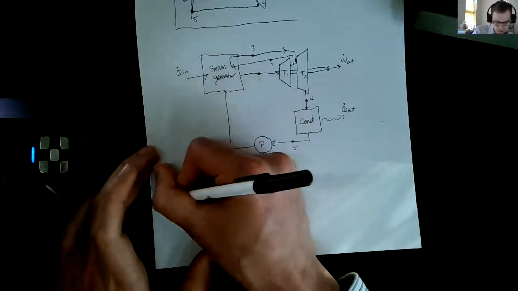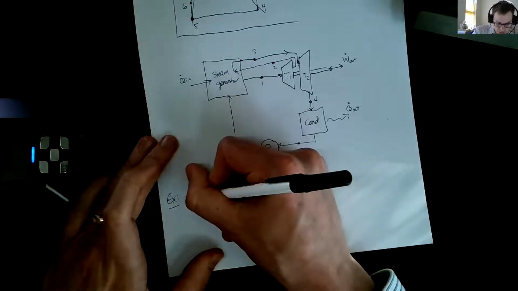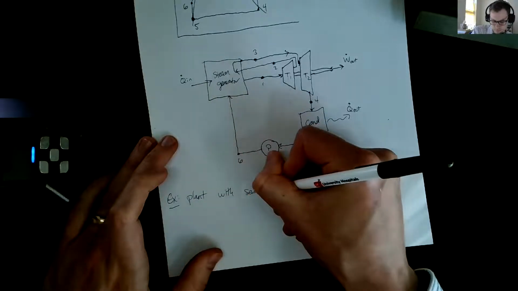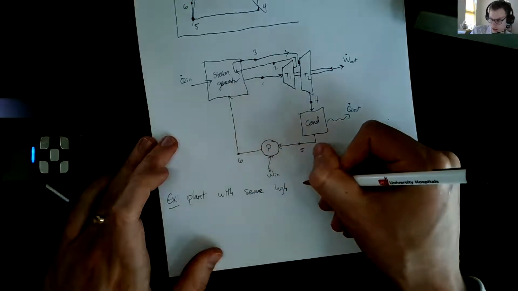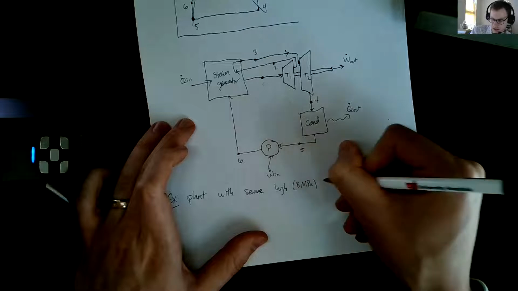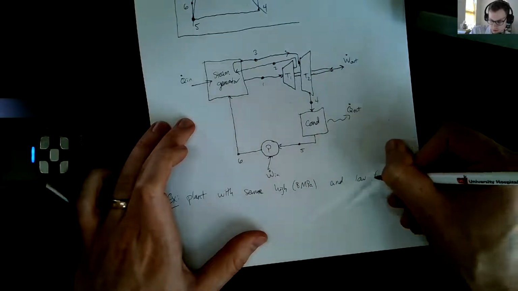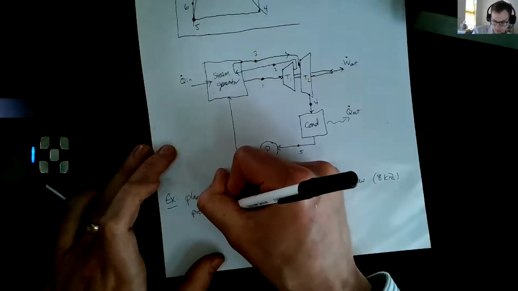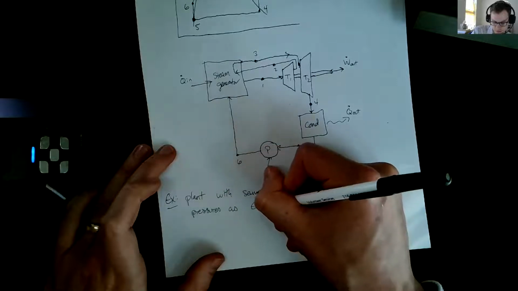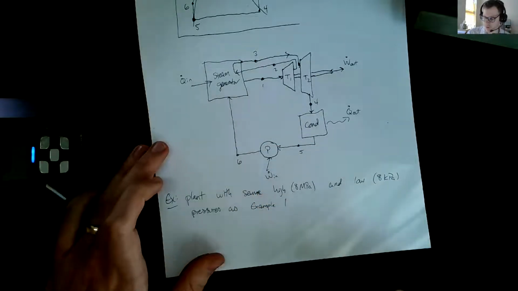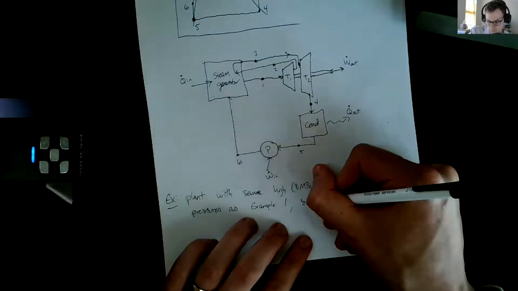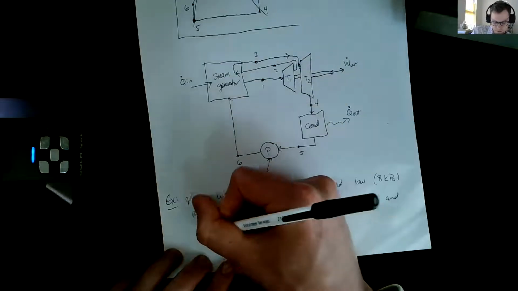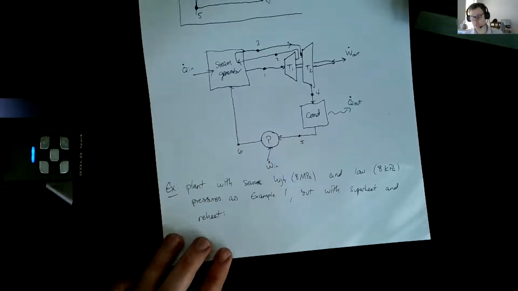So we'll do a power plant with the same high, which would be 8 megapascal, and low, which would be 8 kilopascal pressures as the first example where we just had the ideal cycle, but with superheat and reheat. And we'll do it with an ideal cycle.